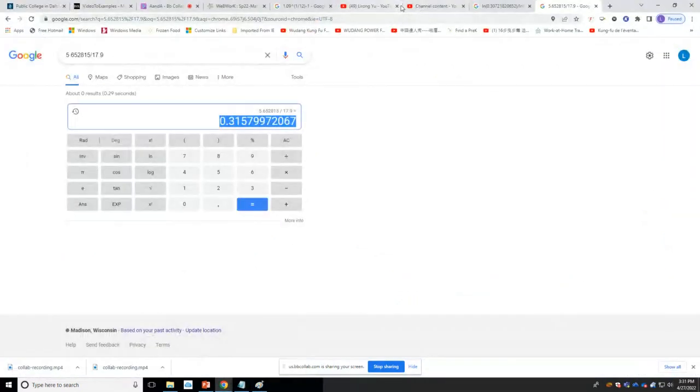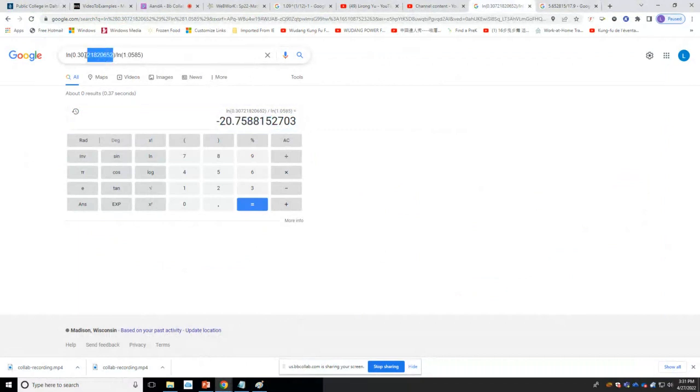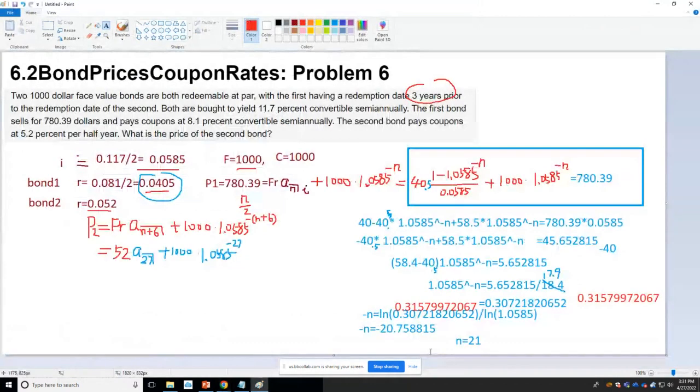How did that change the n? All right, 20.27. Okay. Let me use a decimal n instead.